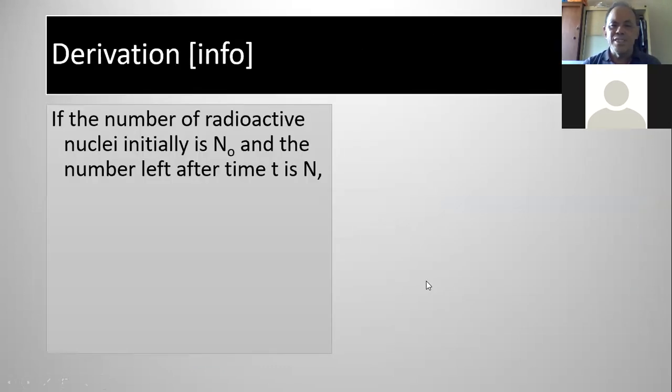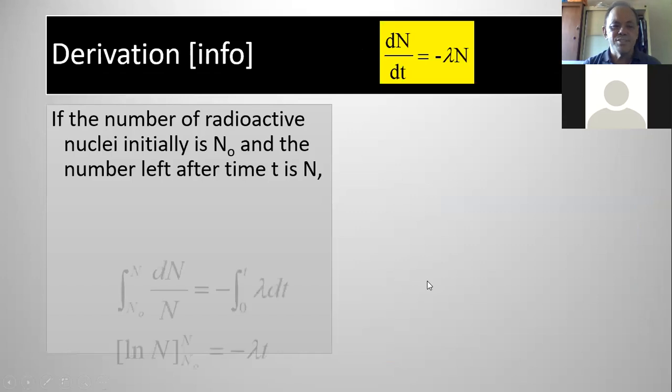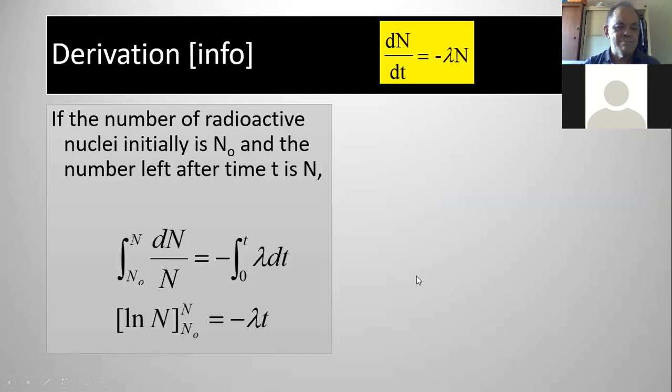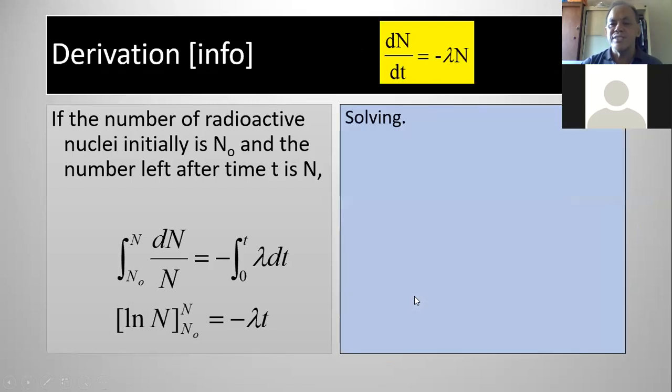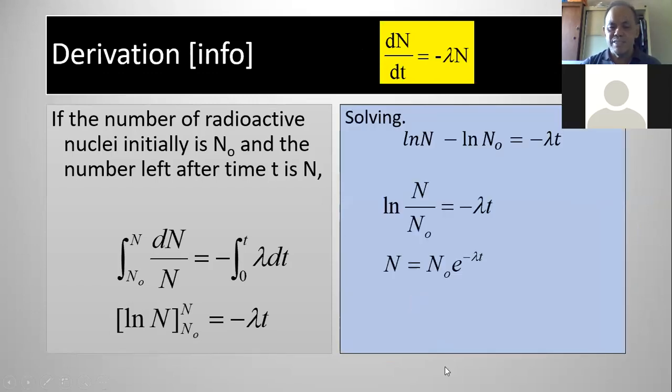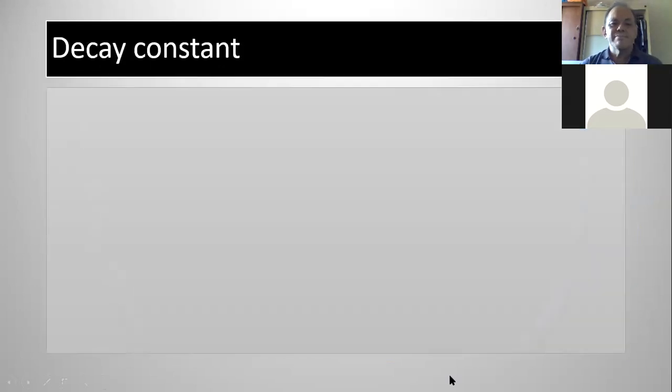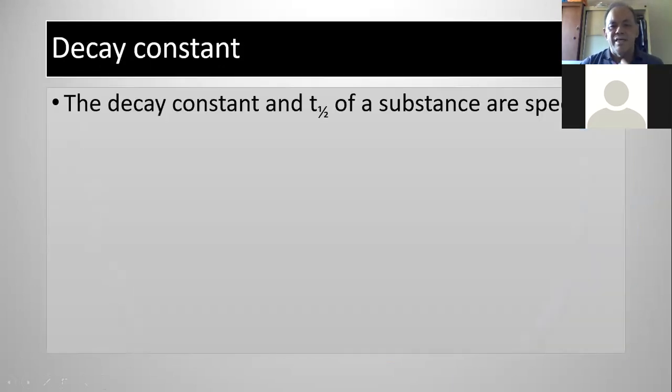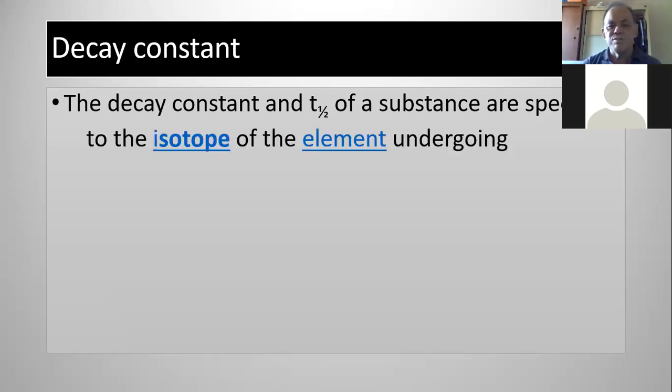I don't think I will spend too much time on this. If you're interested, you can look up my PowerPoint notes and we can derive the equation. So we won't bother too much about that. The decay constant and half-life of a substance are specific to the isotope of the element. It means different radioactive elements have different half-lives or decay constants.